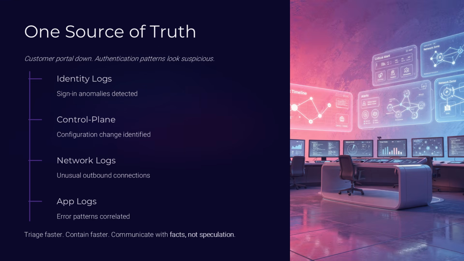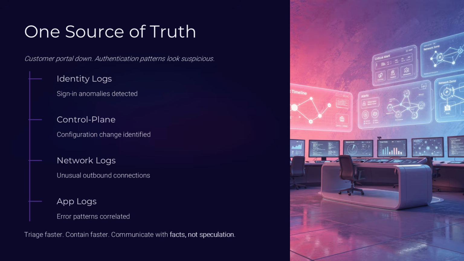With the disaster recovery link clear, you now ground the strategy in a realistic scenario. Imagine your customer portal goes down and the security team suspects malicious activity because authentication patterns look unusual. Without centralized logging, each team checks separate systems, timelines conflict, and leadership receives contradictory updates.